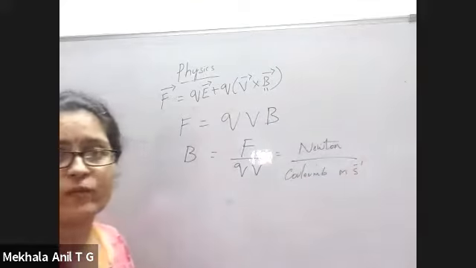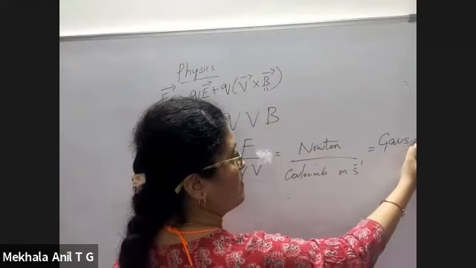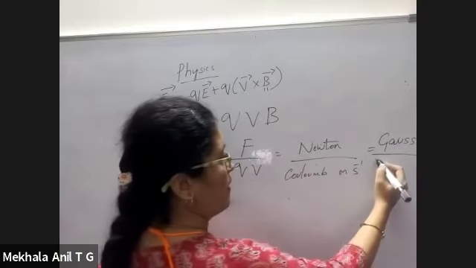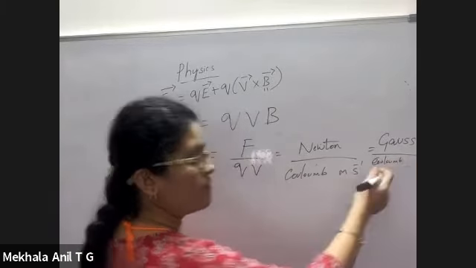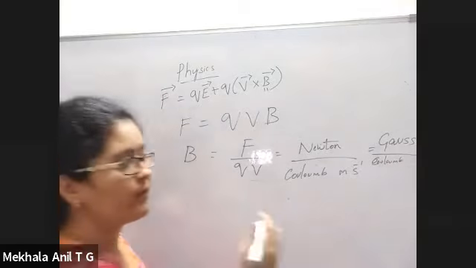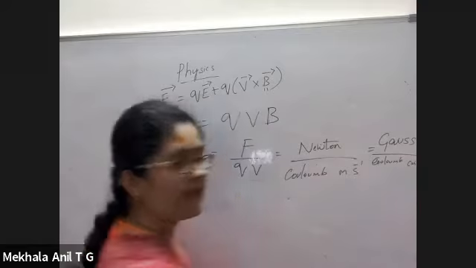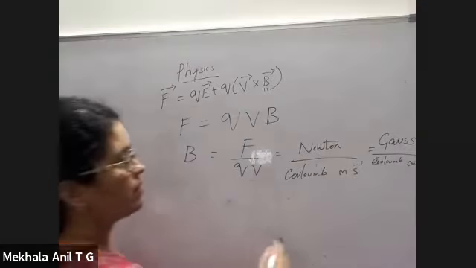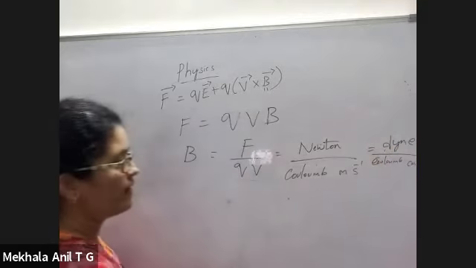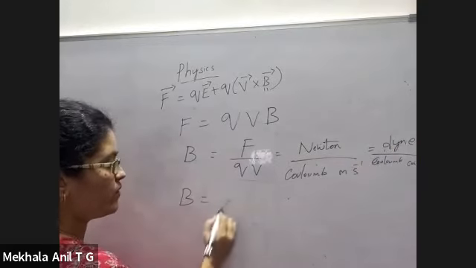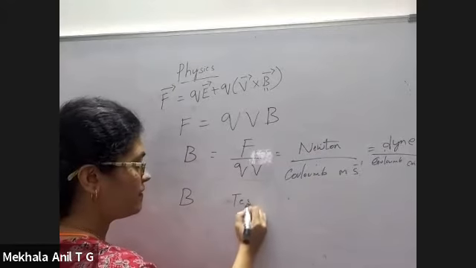In CGS unit, what will you write? The force is in dyne, divided by abcoulomb, and centimeter per second. So B, in SI unit, the unit is Tesla.